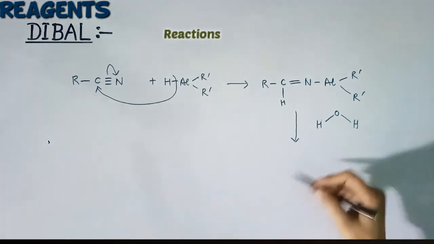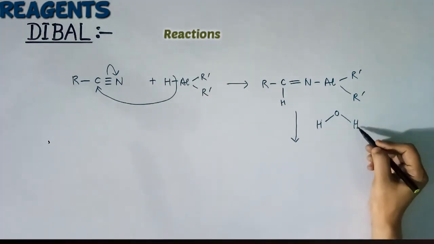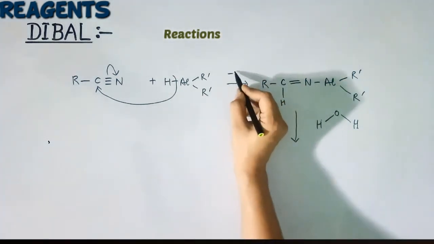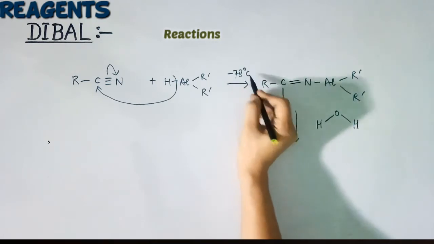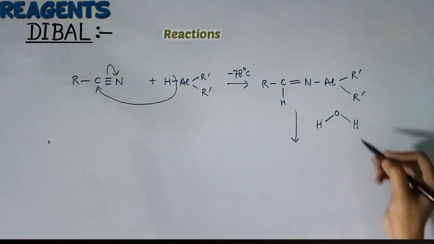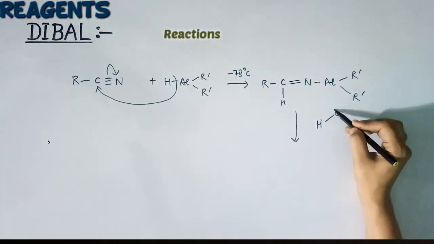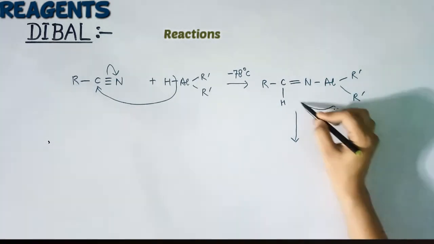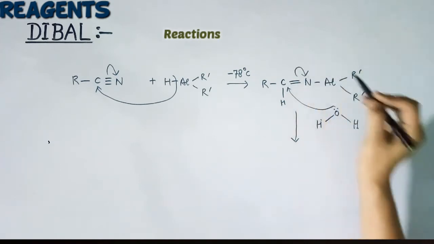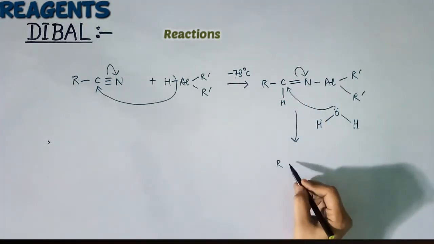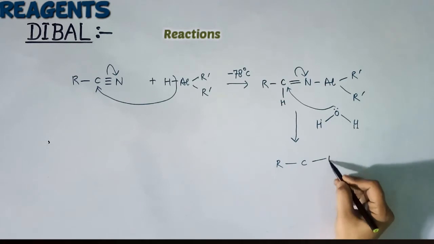because two products are possible. This is temperature dependent, this is actually occurring at minus 78 degrees Celsius, at very low temperature. So in presence of water, this will act like this. This bond will migrate to this position, and this is happening.